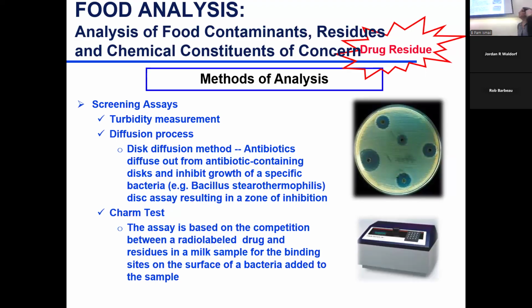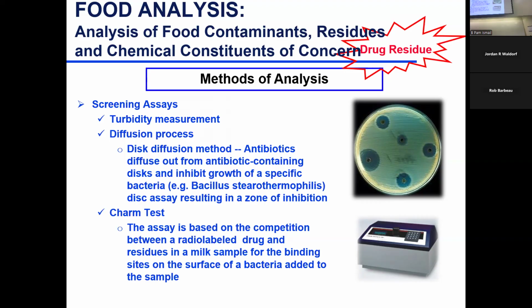Two common tests that you might want to remember for antibiotics. The one that is screening is turbidity. So you would have a media with some bacteria, and then you add your sample, milk sample, or what have you. If it has antibiotics, you don't have growth over time.